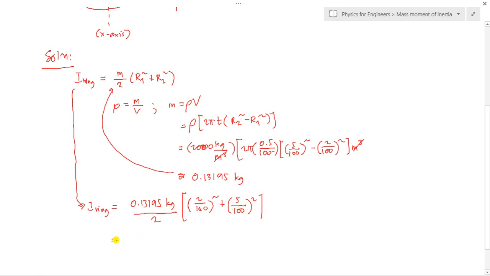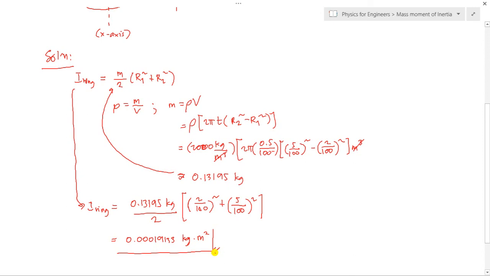Okay, then simplifying, so we have 0.13195 divided by 2 multiplied by 2 over 100 squared plus 5 over 100 squared. So the answer is very small kayo, that is 0.1231933 kilogram meter squared. So this is our answer.